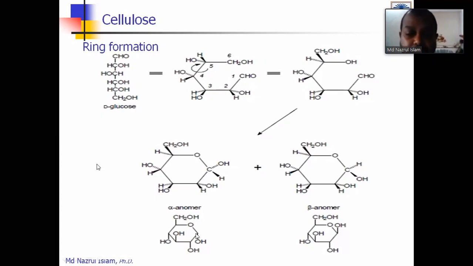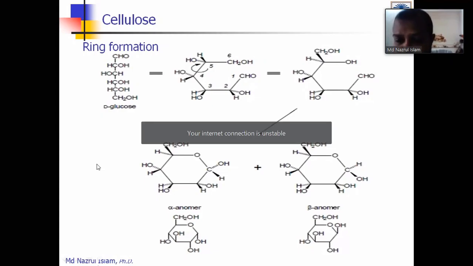In the bottom figure of D-glucose you will see alpha anomer and beta anomer. You will see almost similar structures, but just look at the hydroxyl functional group at the carbon 1 position. On the left hand side, in the alpha anomer, you will see the OH is on the upper position.